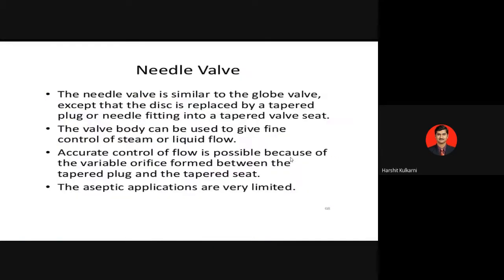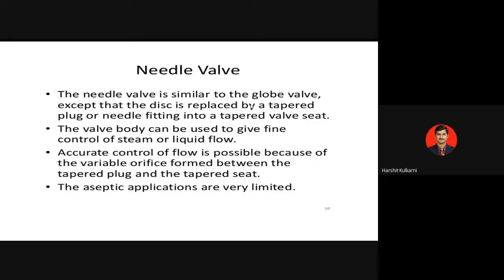So what are the other characteristics, or how can you explain this needle valve? We can just go through these points. It is similar to globe valve, except that the disc is replaced by a tapered plug, or needle, fitting into a tapered valve seat. So on that seat, the needle will be placed.